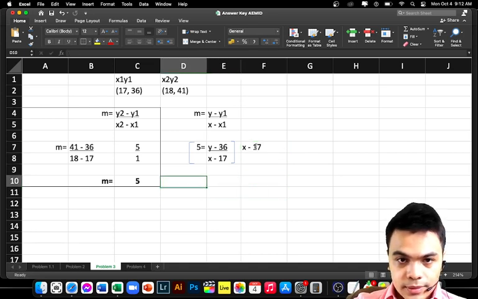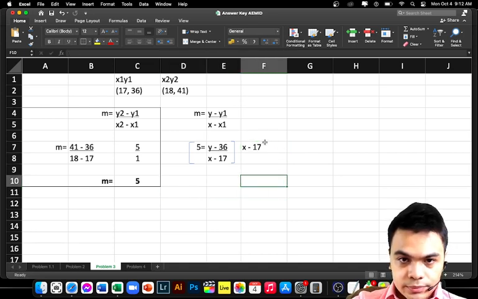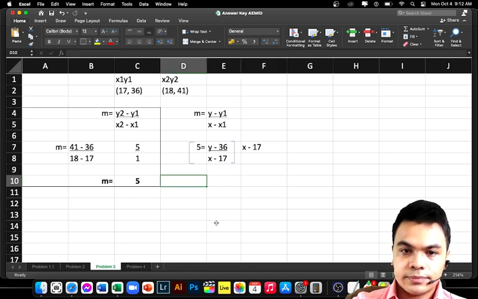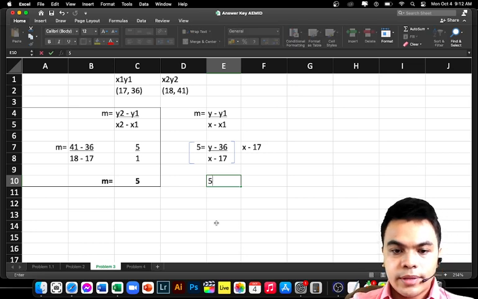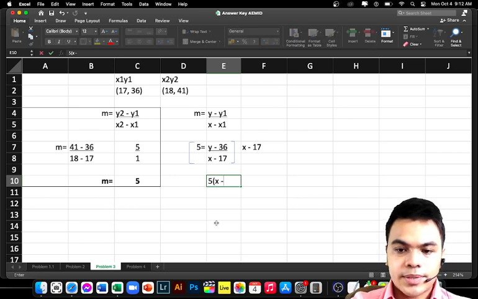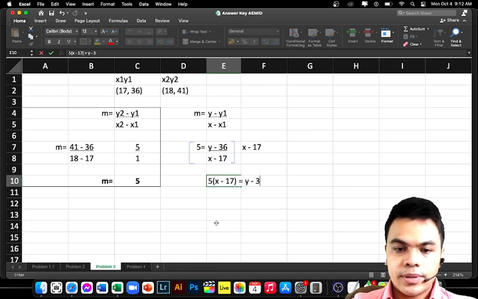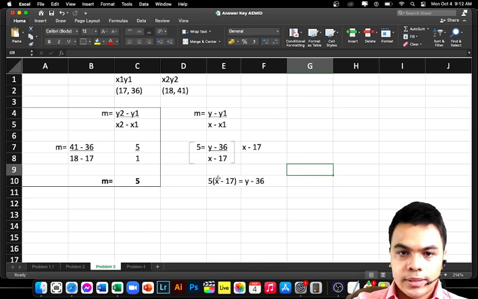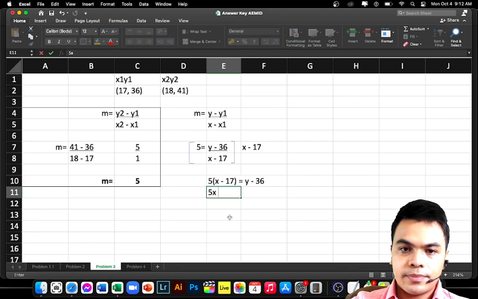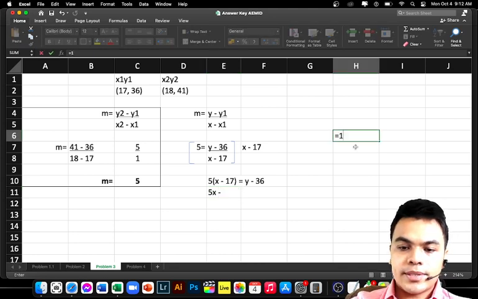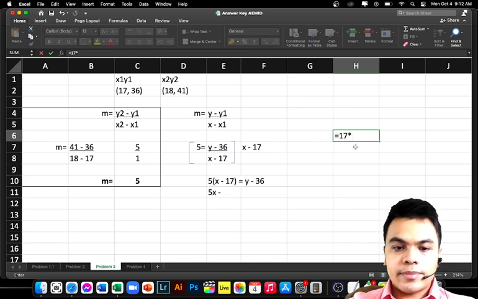So we cancel here, and on the other side we have 5 multiplied by x minus 17 is equal to y minus 36. 5 times x, that is 5x, minus 17 times 5.